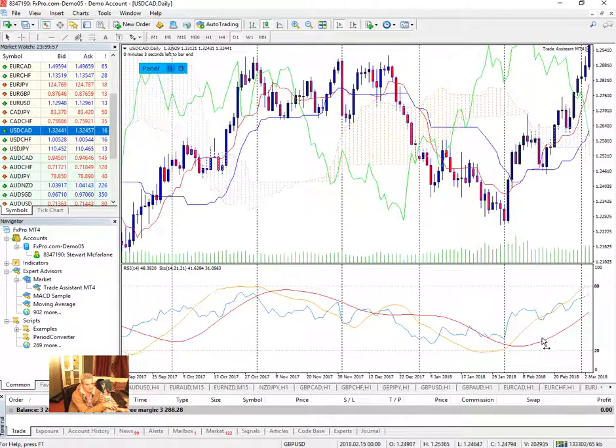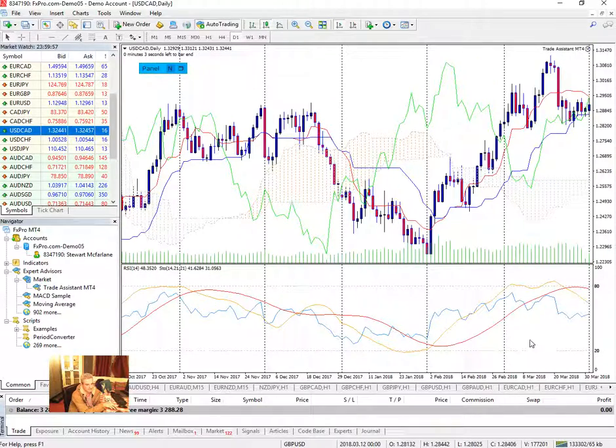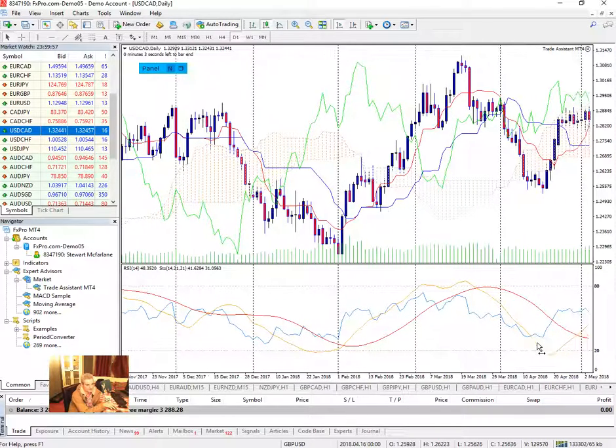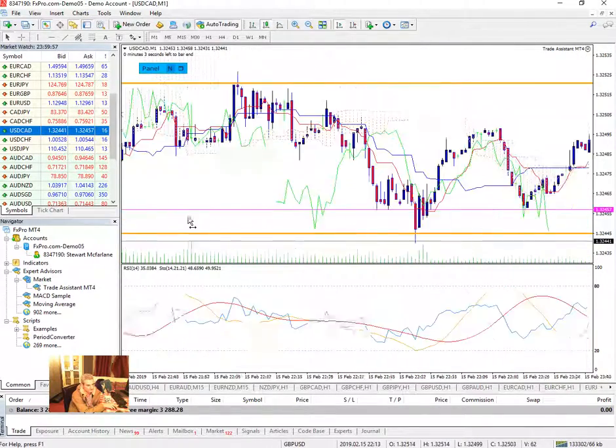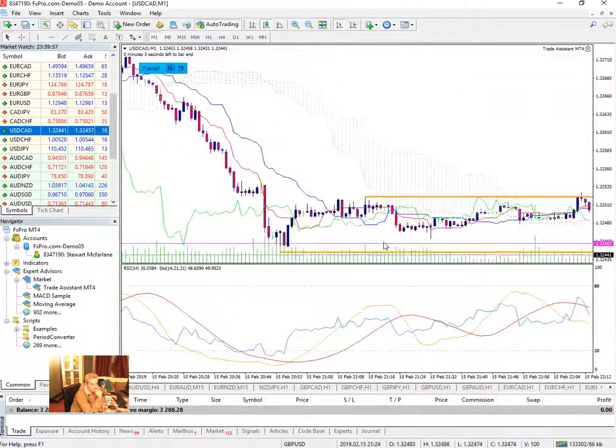Up. I wonder what this looks like on the 1 minute chart.